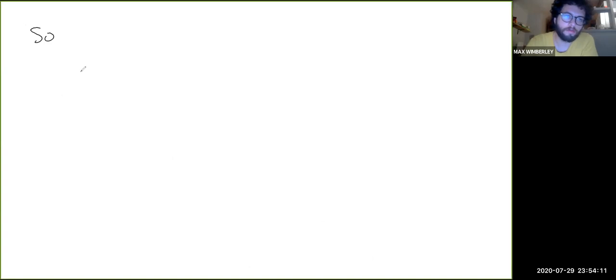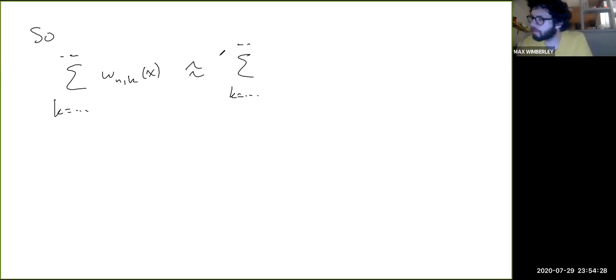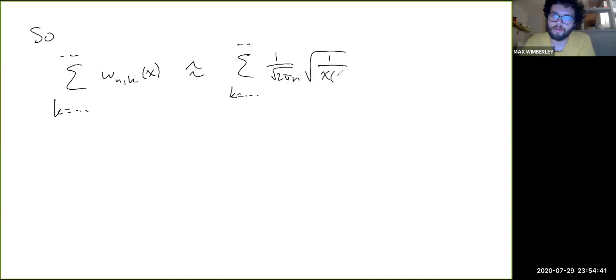So this sum from k equals whatever to whatever of W_{n,k}(x) is approximately the sum of 1 over square root of 2 pi n times the square root of 1 over x(1 minus x).